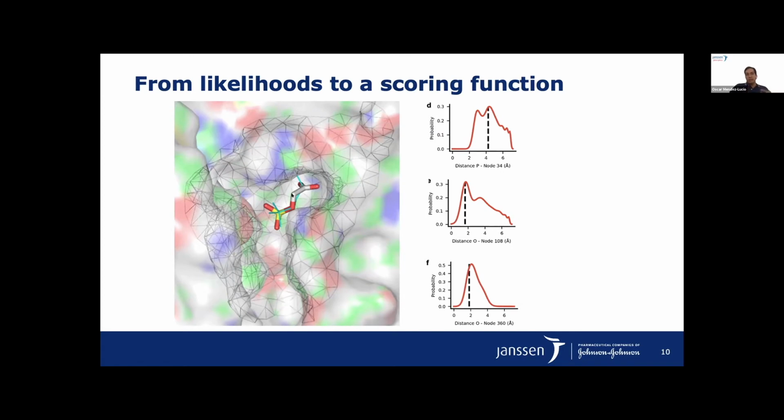So we just take the 3D conformation, measure the distance between, for example, these atoms that I have here, and then go to the respective distribution for this pair of atoms and see how likely it is to find these two atoms next to each other at that specific distance in the whole training set.